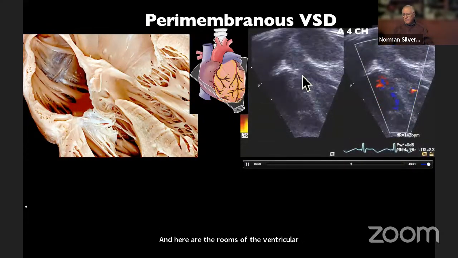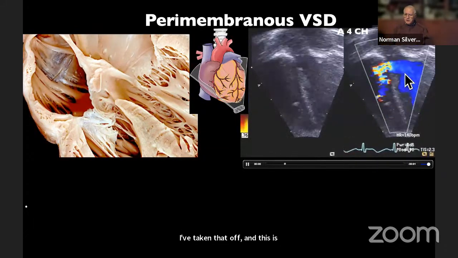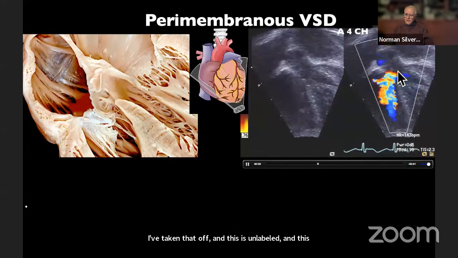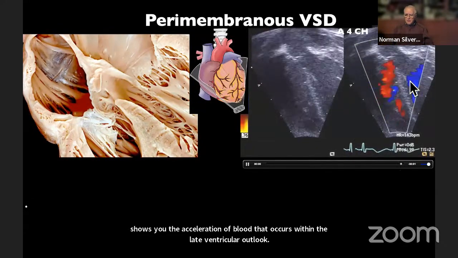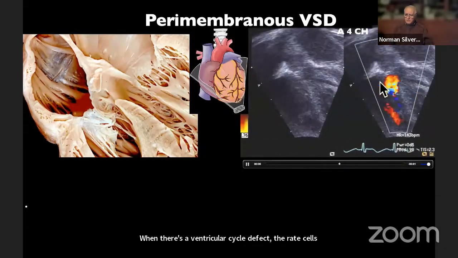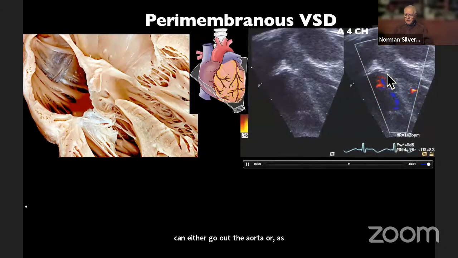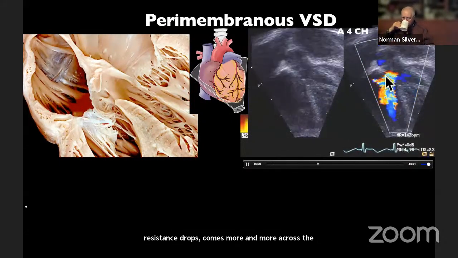I've taken that off, and this is unlabeled, and this shows you the acceleration of blood that occurs within the left ventricular outflow tract. When there's a ventricular septal defect, the red cells can either go out the aorta, or as the pulmonary vascular resistance drops, come more and more across the ventricular septal defect.